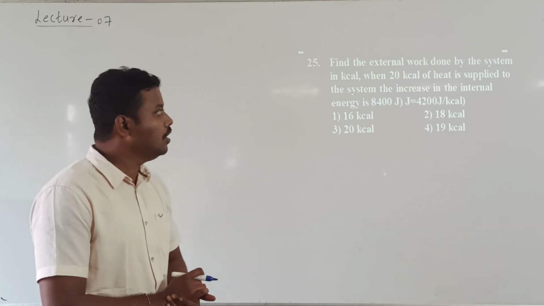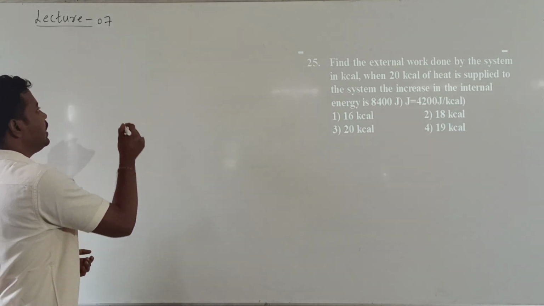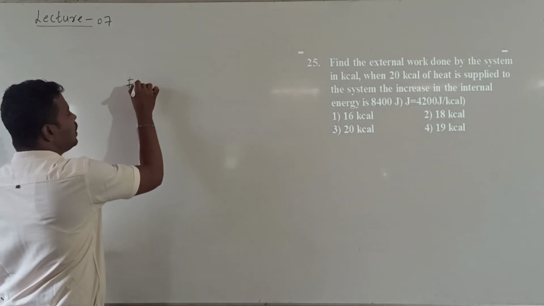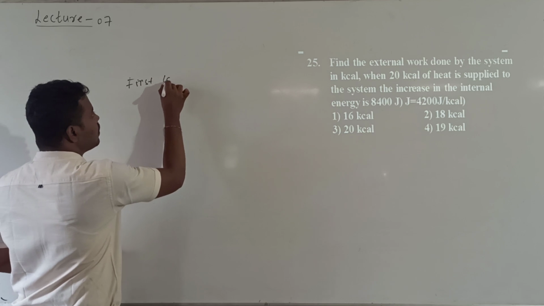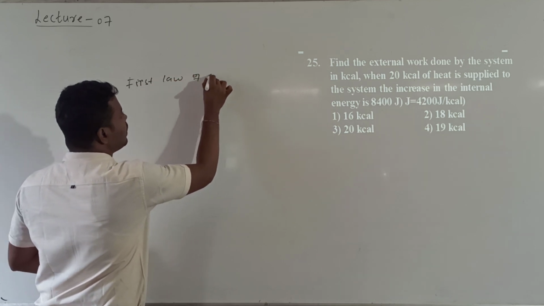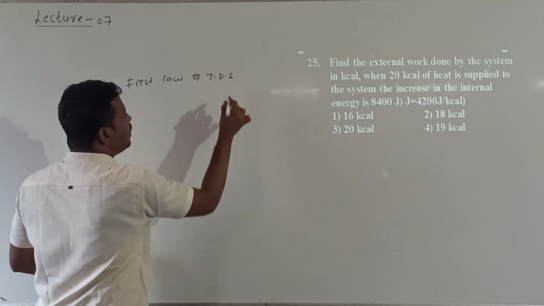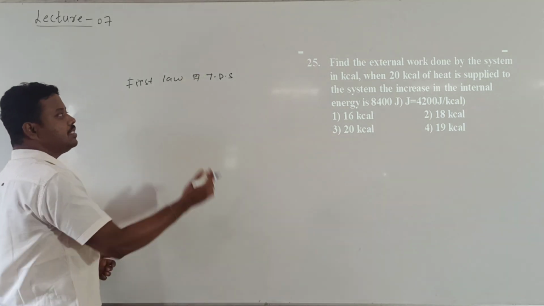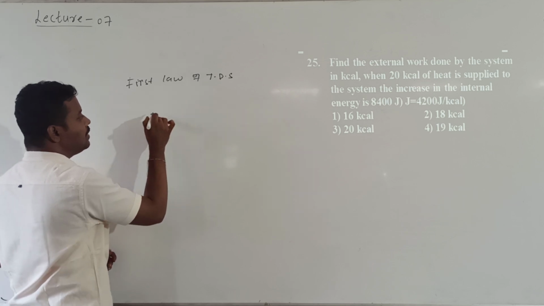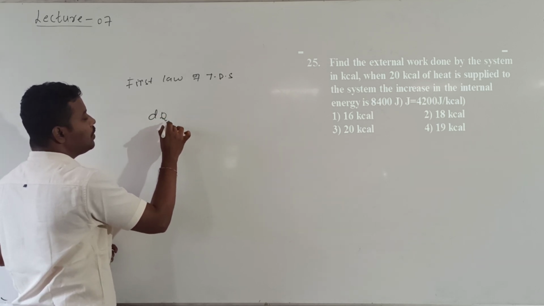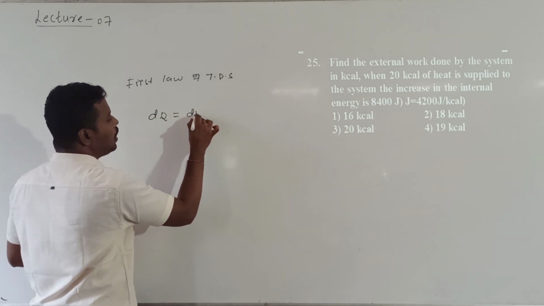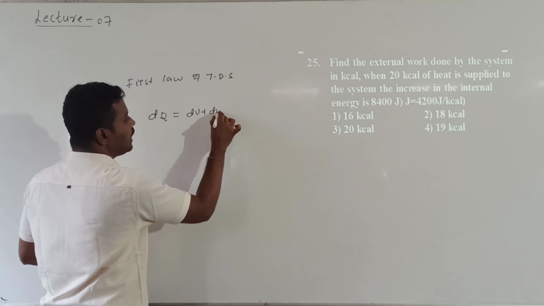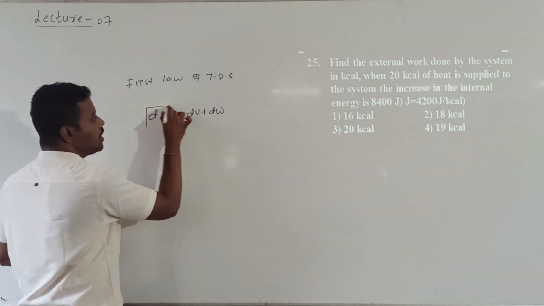Before starting these questions, once again I will recall: what is the first law of thermodynamics? In this law we need the sign convention, so I am telling it once again. According to this law, the heat given to a system is utilized for increasing internal energy and doing some external work.